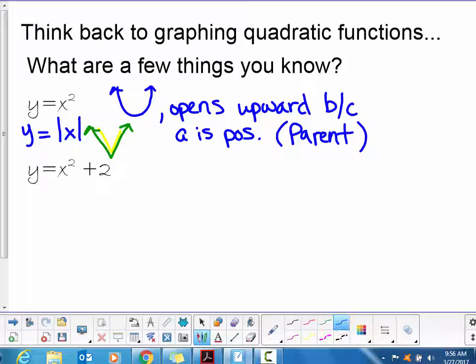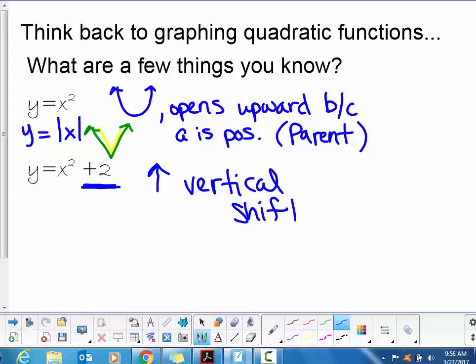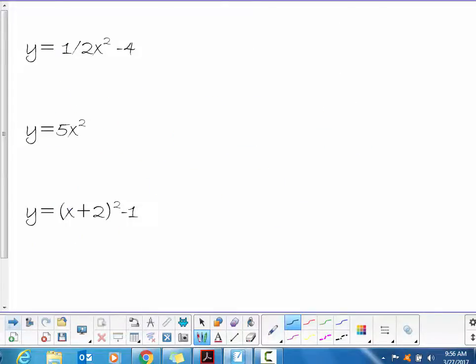Let's look at the next quadratic function, y equals x squared minus 2. Minus 2 represents the vertical shift. I have y equals the absolute value of x plus 2. That represents the vertical shift. Y equals 1/2 x squared.